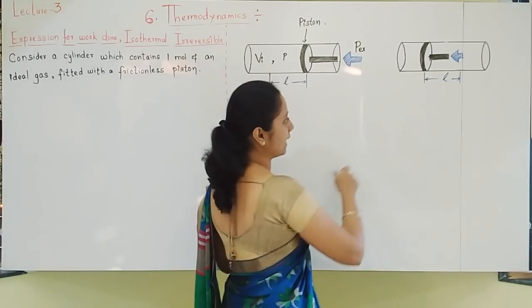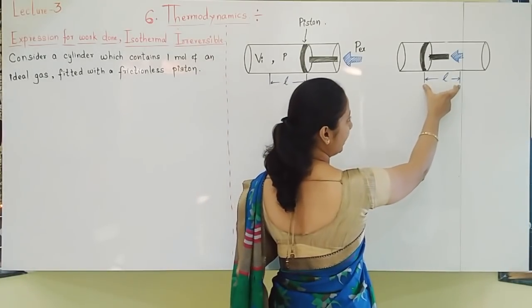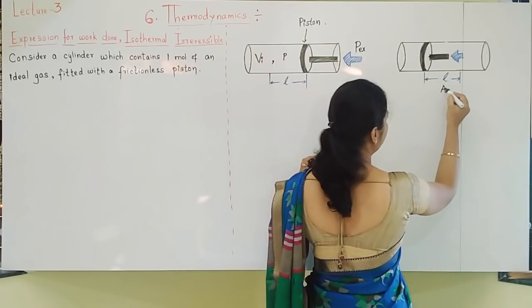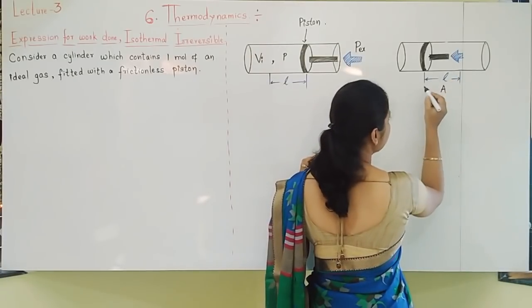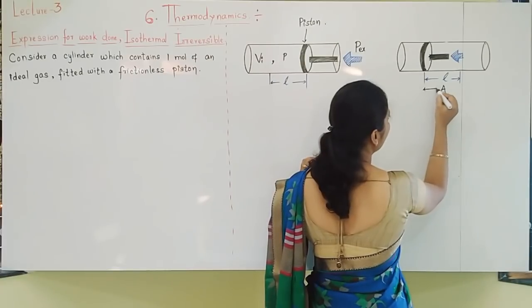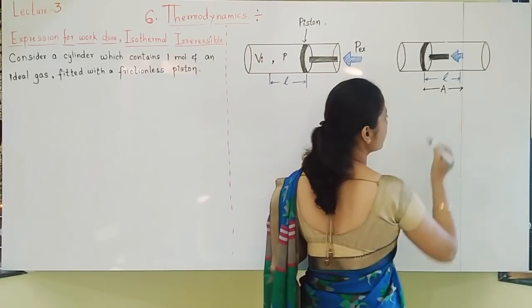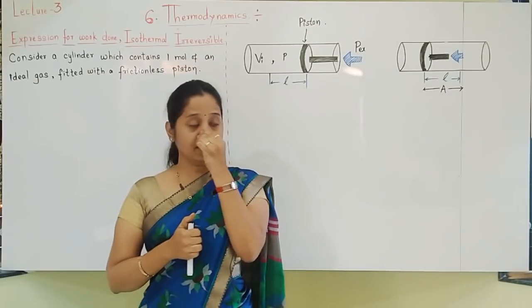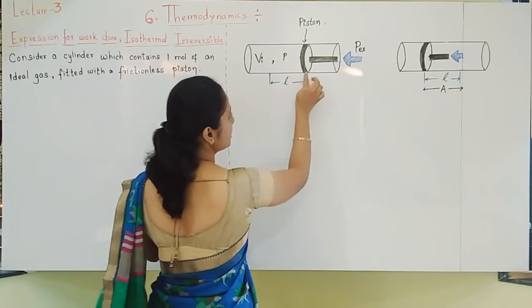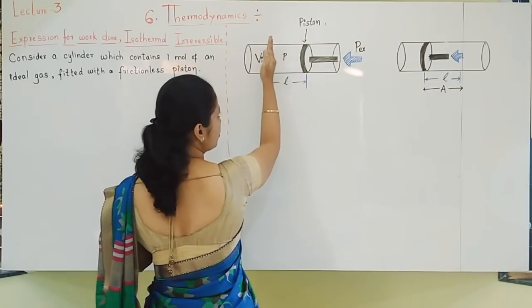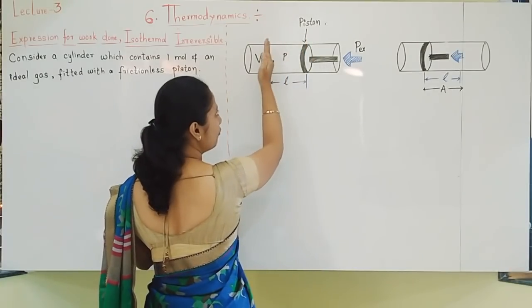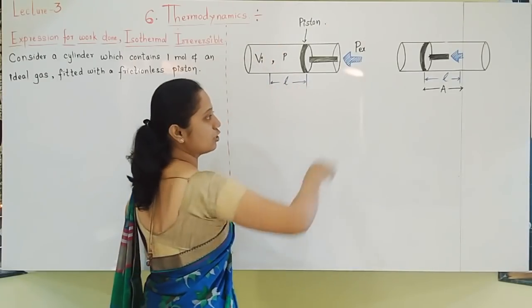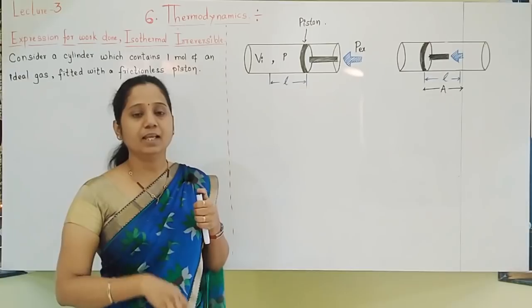The piston is moving inside by a length of L and by a cross section area of A. Initially the piston was here, and the piston moves this much, by a length of L and a cross section area of A.